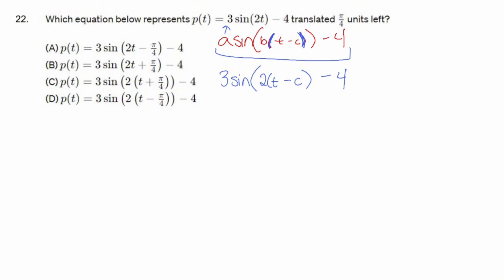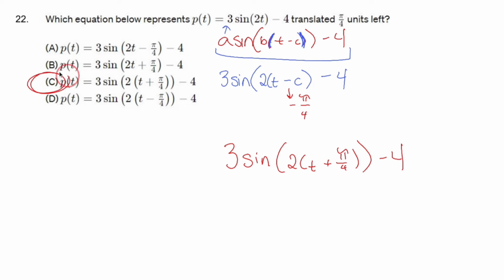So if I'm translating left, that means c is negative pi over 4. So if c is negative pi over 4, we have a negative pi over 4, giving us 3 sine parentheses 2t plus pi over 4, close it, minus 4.